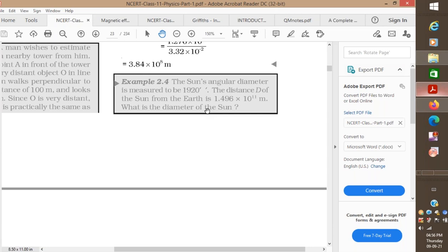In this you may need a calculator. The distance d is given from the earth, that means the perpendicular distance. You know the angle, then you have to find out the diameter.